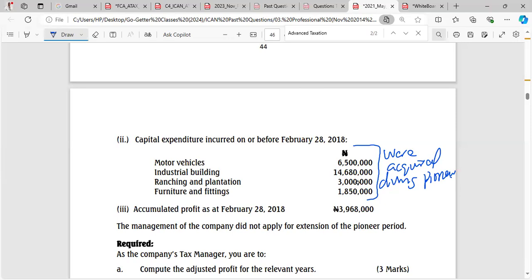You see them as though they were acquired on the 1st of March 2018. Now this accumulated profits, so this is the profit of the pioneer, because as at February 28th, so this is pioneer profit.